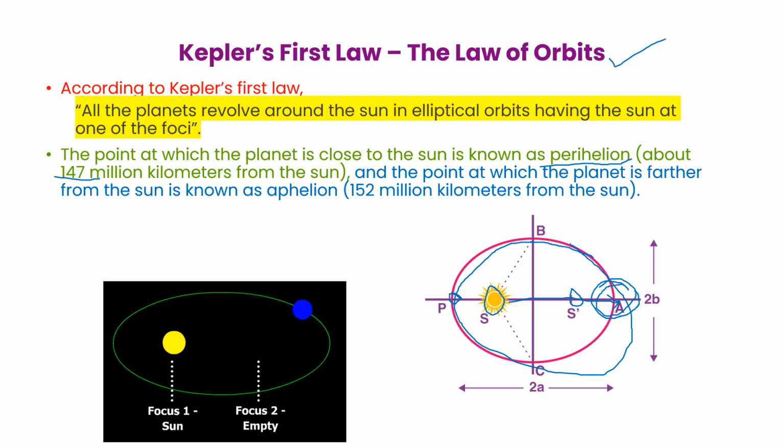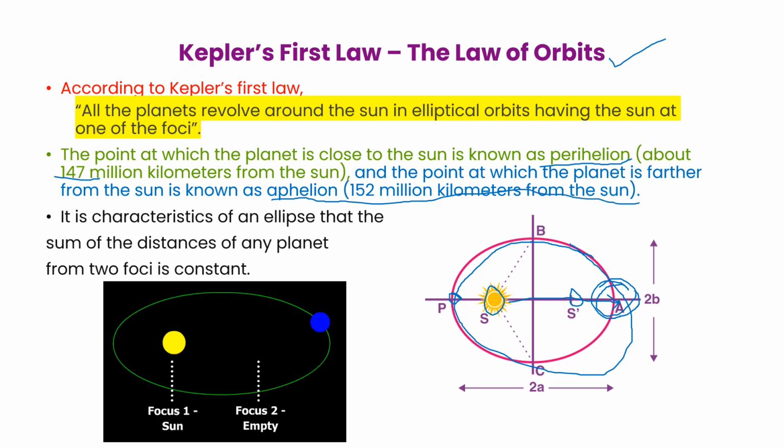So the point where the planet is farther from the sun is known as the aphelion. Once again, the point at which the planet is close to the sun is known as perihelion, and the point at which the planet is farther from the sun is known as aphelion, and aphelion is about 152 million kilometers from the sun. Basically, it is a characteristic of an ellipse that the sum of the distances of any planet from the two foci is constant.